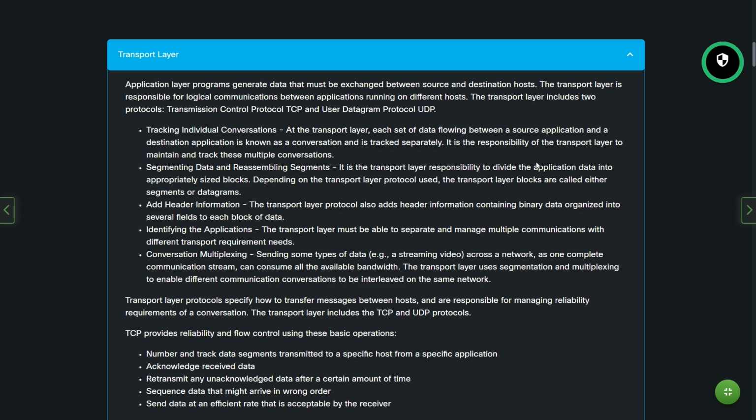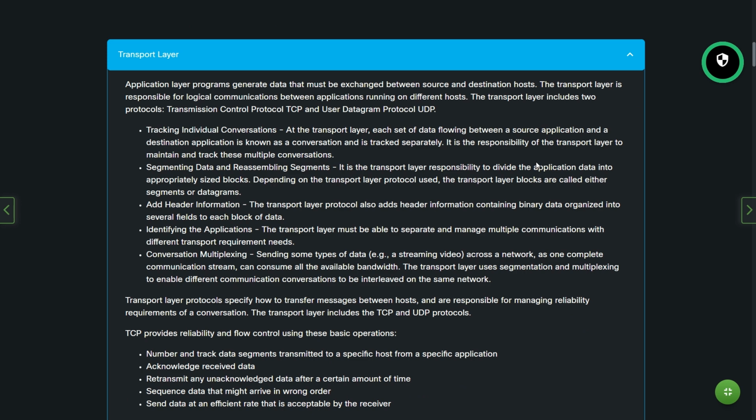At the transport layer, each set of data flowing between a source application and destination application is known as a conversation. It's tracked separately. It's the responsibility of the transport layer to maintain and track these multiple conversations.